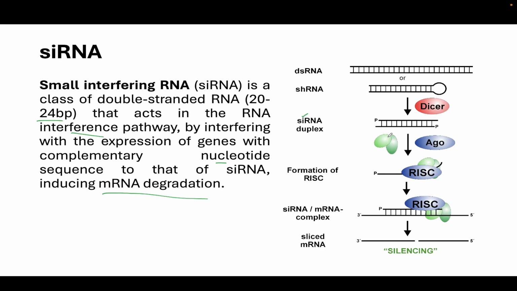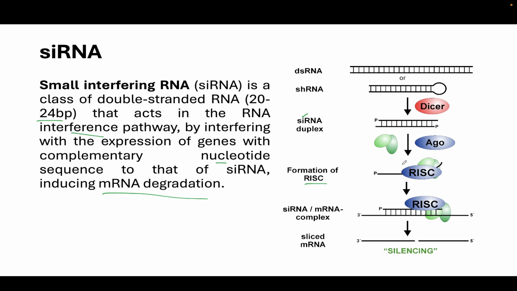There is one particular enzyme AGO, which helps in the formation of RISC complex. We talked about RISC, that is RNA induced silencing complex. This RISC is a multi-protein complex, and it will be followed by the siRNA mRNA complex.